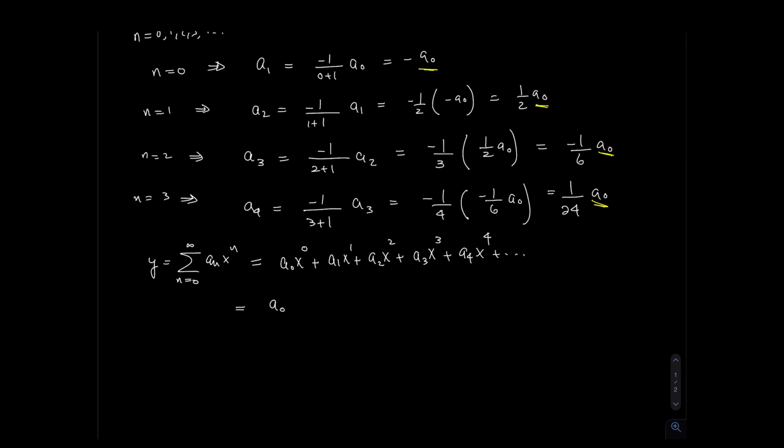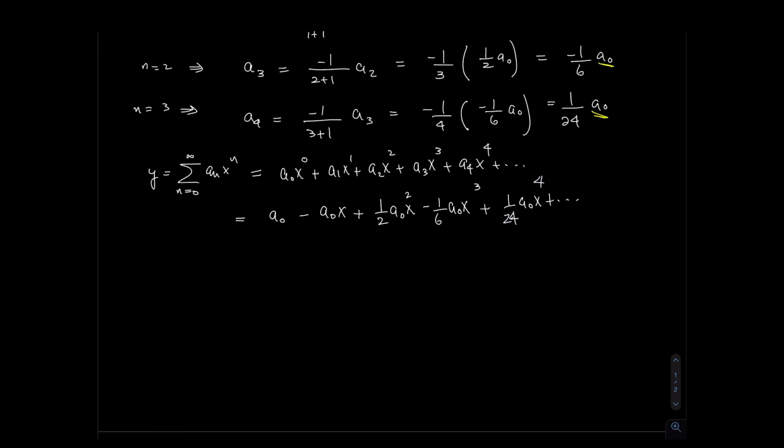x to the power of 0 is just 1, plus a1 is minus a0, so it'll be minus a0 x, plus a2 will be 1/2 a0, so it'll be 1/2 a0 x squared. a3 is minus 1/6 a0 x cubed. a4 is plus 1 over 24 a0 x to the fourth, and so on.